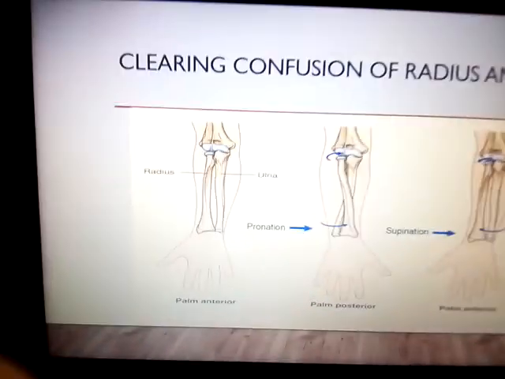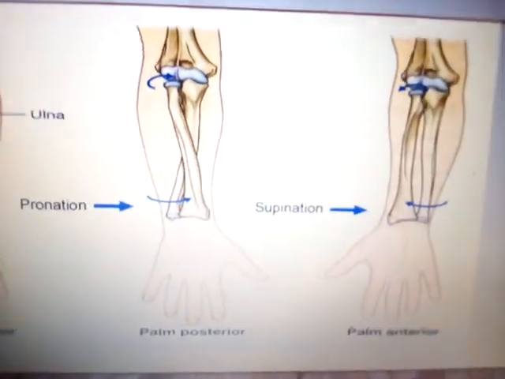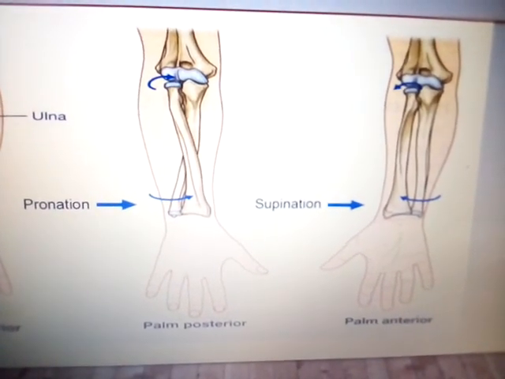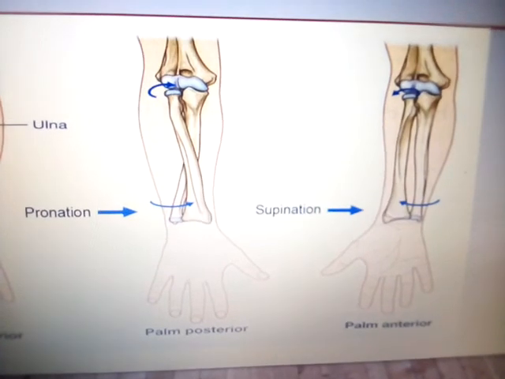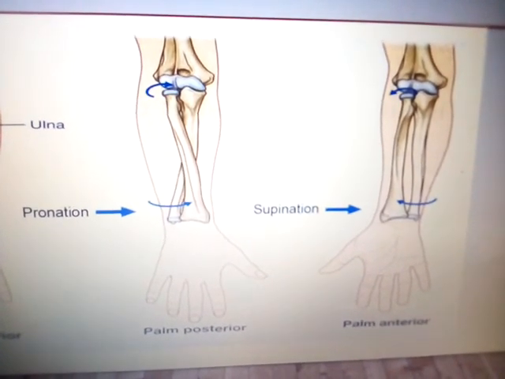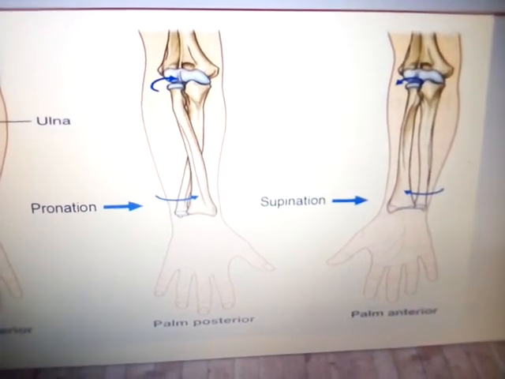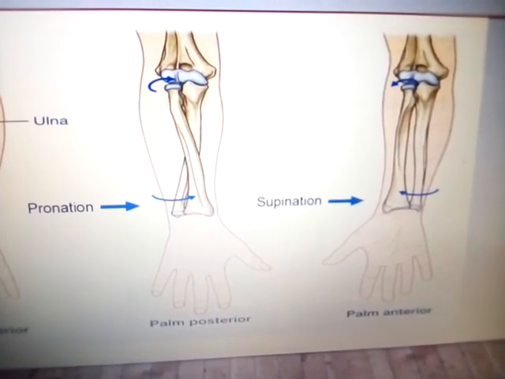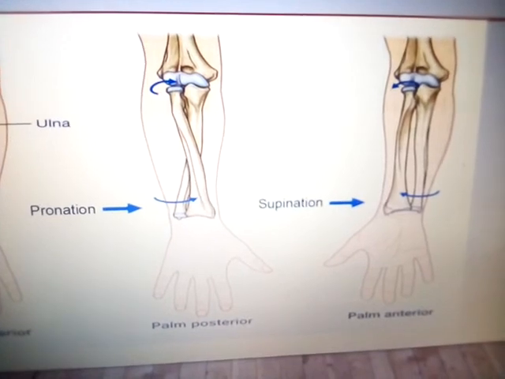I'm showing you. So see here, you see supination and pronation, right? Can you see them? Remember that supination and pronation are completely different words. They are in no way related to the supine position and the prone position.